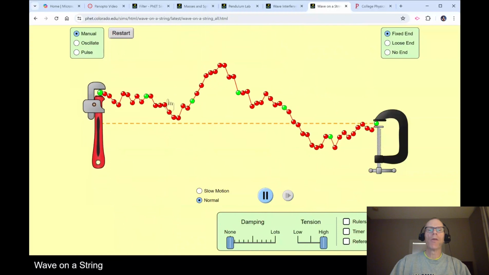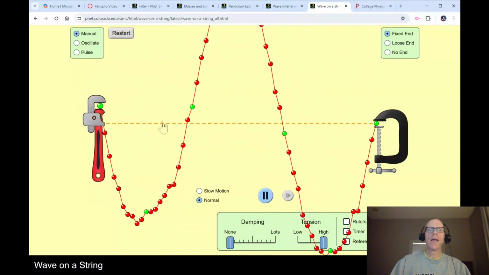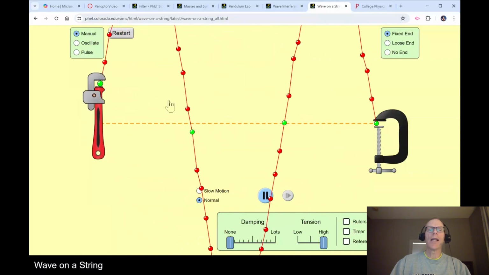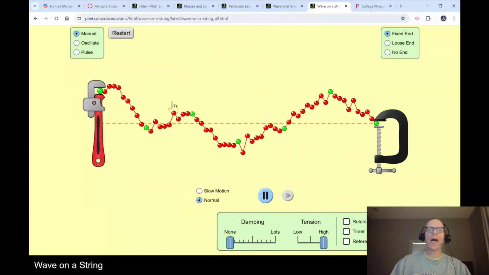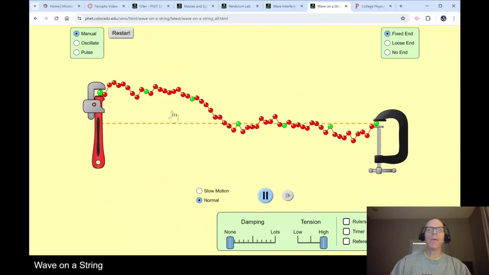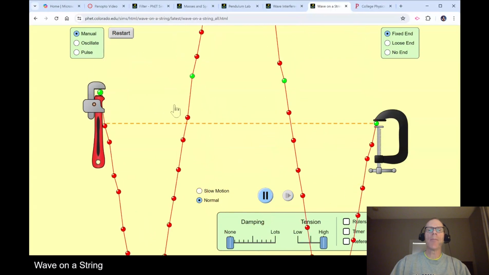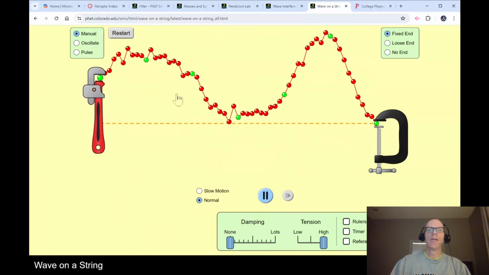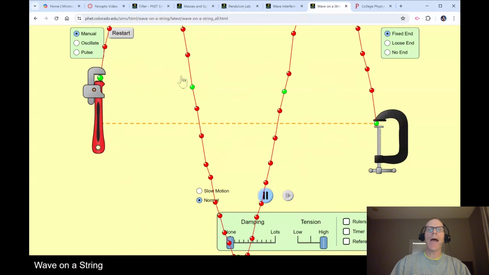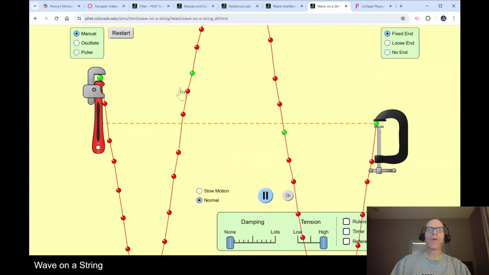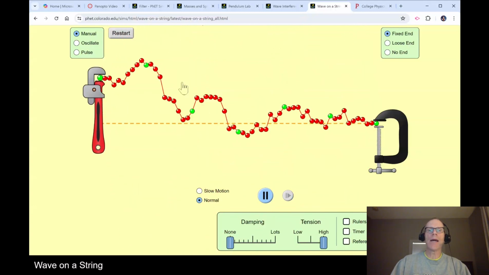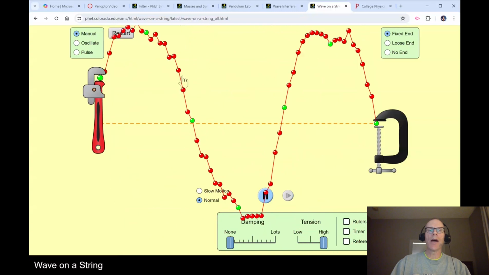And notice when the wave peaks, the peak and the valley is a lot higher than I'm moving the wrench up and down. That's because at those peaks and valleys, the waves are adding up constructively. So they're not canceling each other out, they're adding to each other. And at the little green dots, they are canceling each other out.